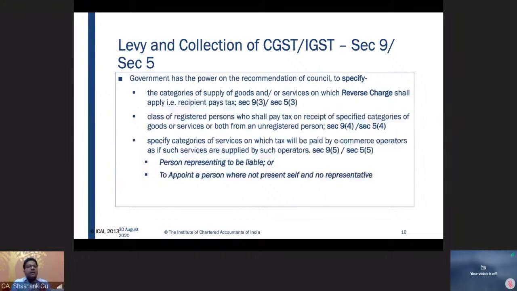Similarly, e-commerce operators are nothing else but virtual malls. Meaning, Snapdeal, Flipkart, Amazon, they've all created a website wherein they ask various sellers to come and register with them and list their products. Now what happens? When you click online that you want to buy this product, Flipkart says I am selling, Amazon says I am selling, Snapdeal says I am selling. When you click on that link, it shows that you can buy this mobile phone for 50,000 rupees from this seller and 10 other sellers.